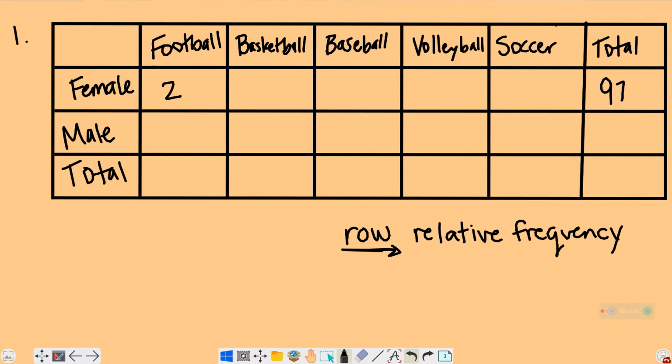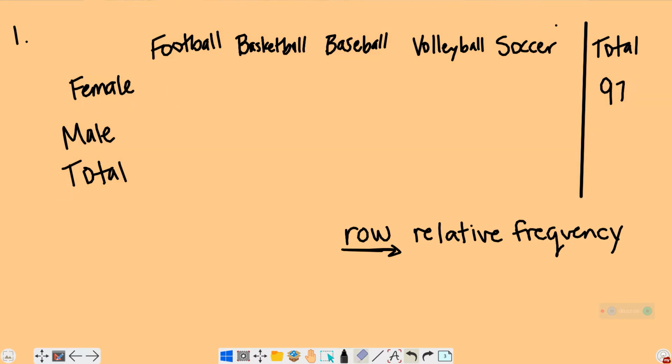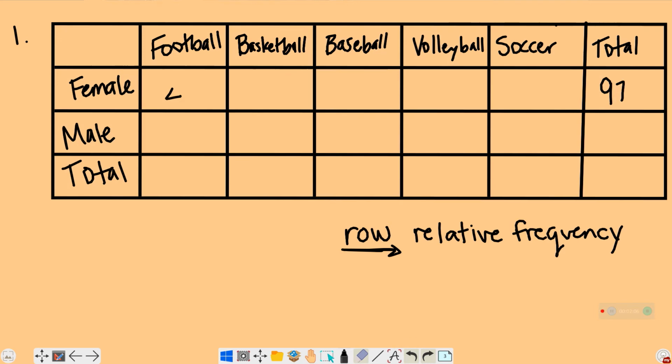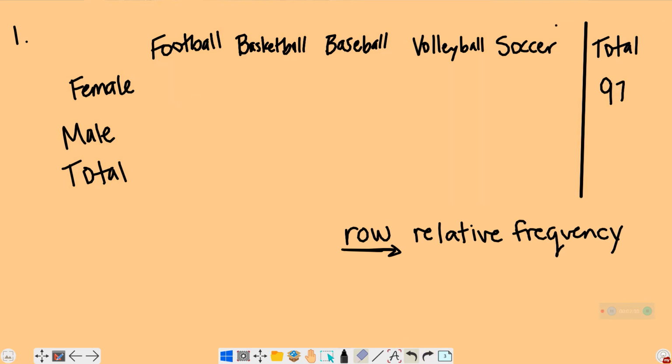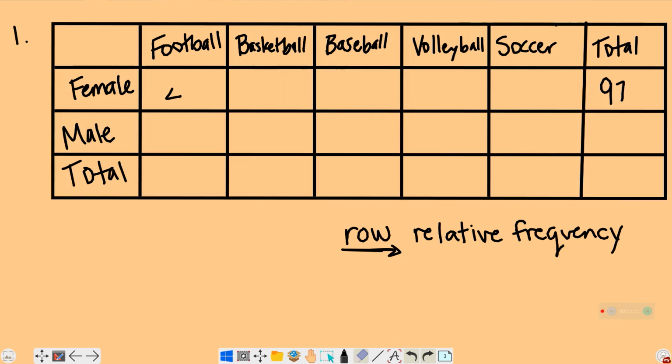So the decimal that should go in this box, oops, that's not what I wanted. Maybe I'll just have to undo. The decimal that goes in that box is 0.021.